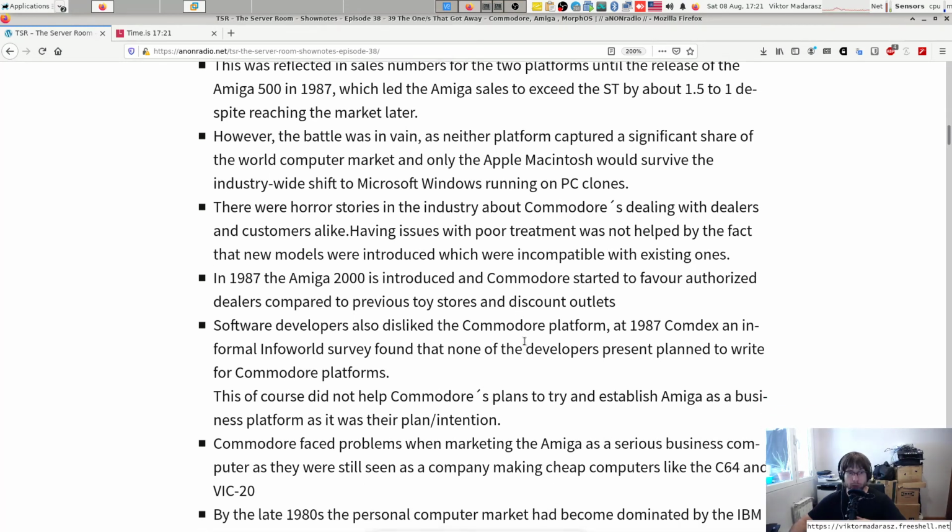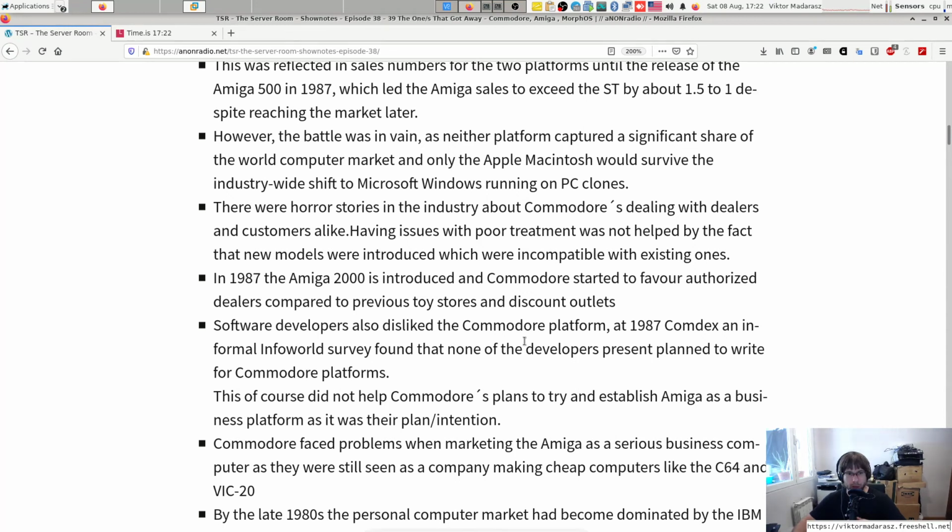Commodore was trying to put the Amiga in a more serious light, to appear more appealing to business customers, and market the Amiga line as a business platform.